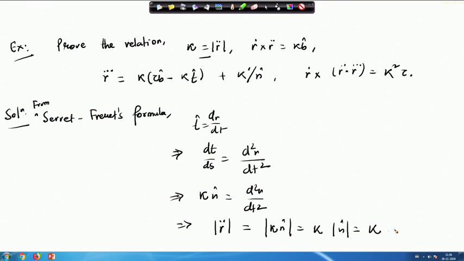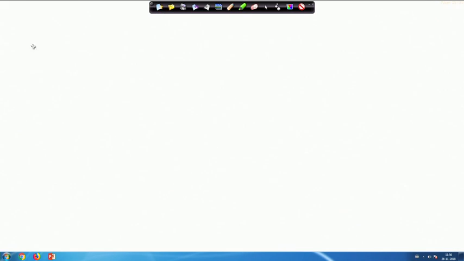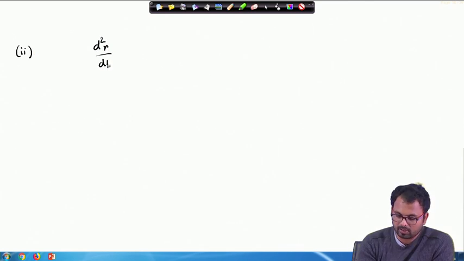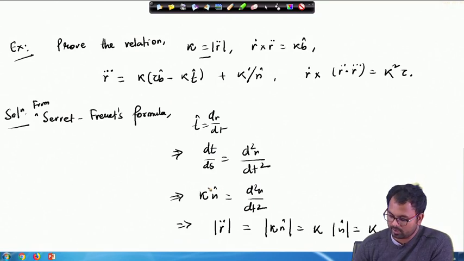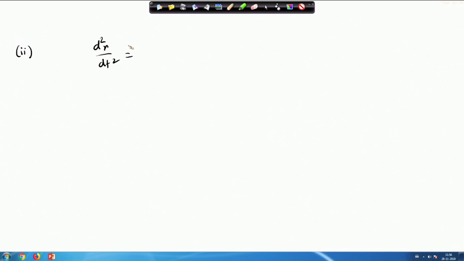All right. Now the next relation is r dot cross product with r double dot. So let's see what our r double dot is. In relation 1, we have shown that d square r by ds square equals kappa times n cap, and we know that dr/ds is basically our t.